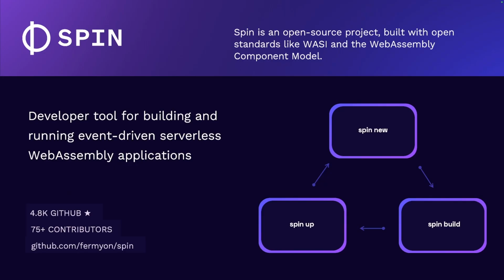By using Spin, the developer tool for building serverless WebAssembly workloads, we can build applications using different programming languages. Those Spin apps are executed using triggers, like for example an incoming HTTP request.